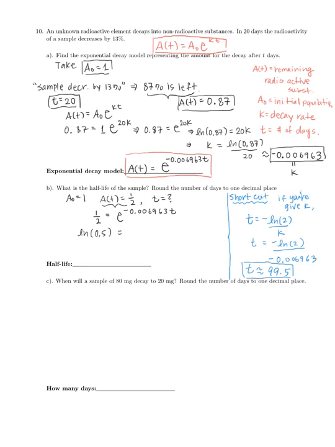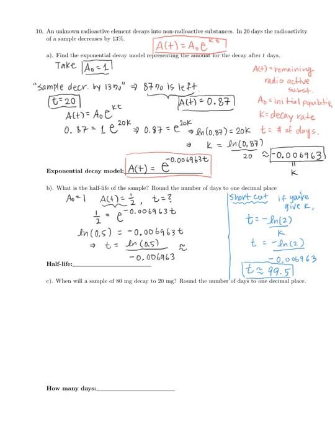Since ln and e are inverses of each other, what you're left with is negative 0.006963 and a t. Now if I want to solve for t, you need to divide both sides by that decimal value. So t is going to be ln of 0.5 over negative 0.006963. Alright, so type this in the calculator.